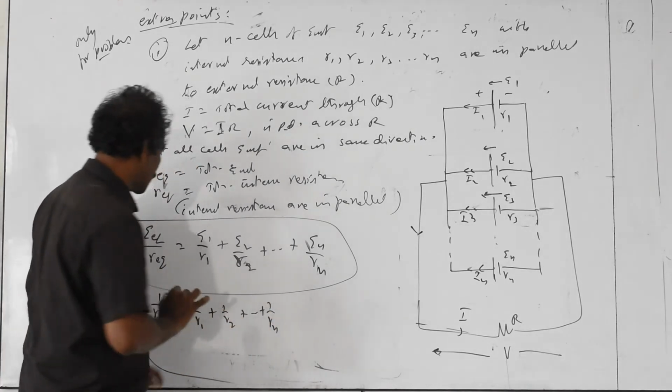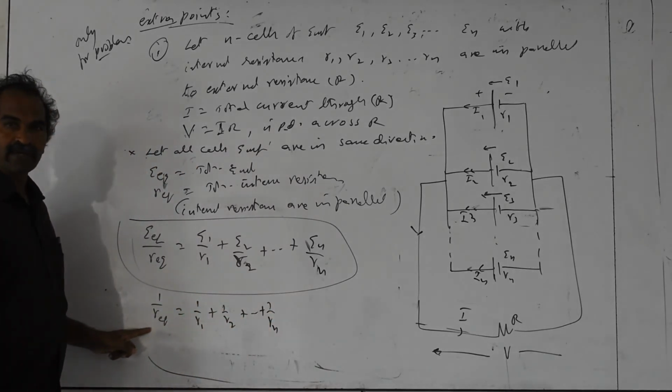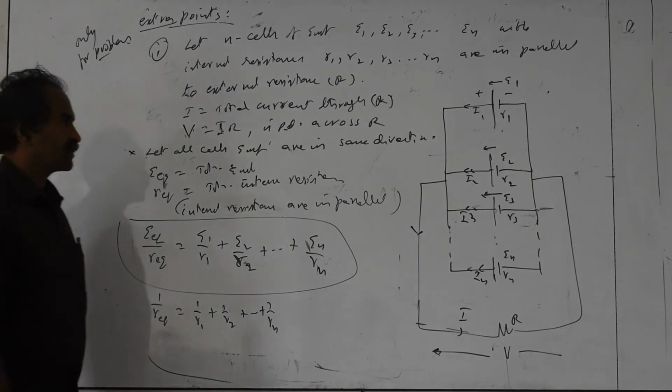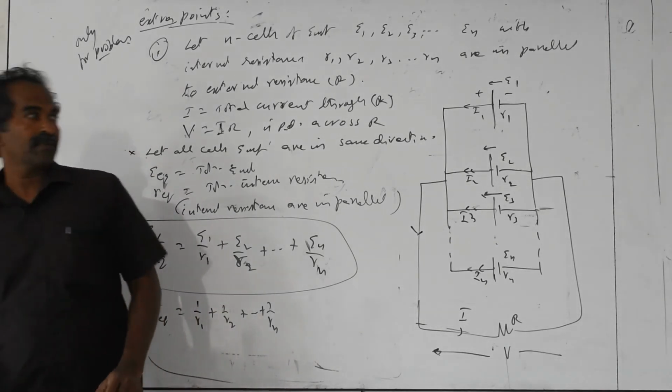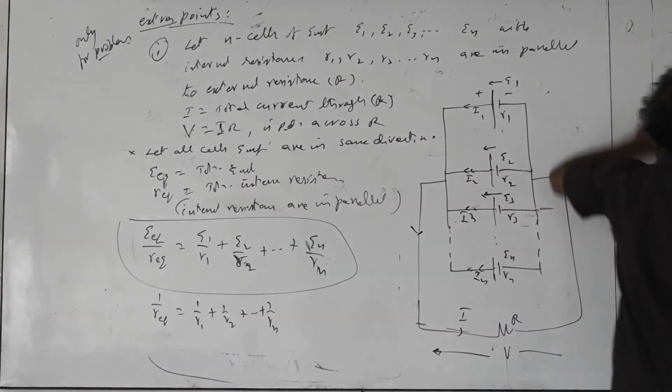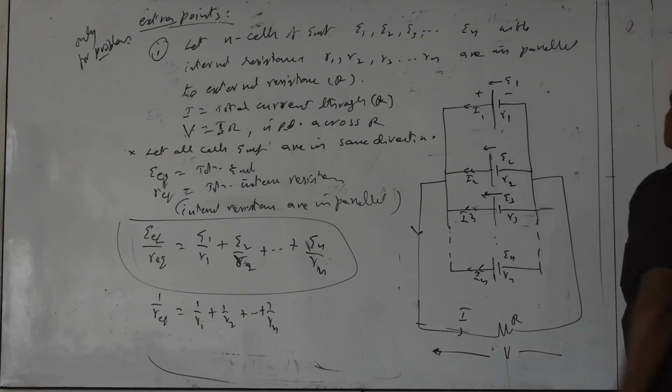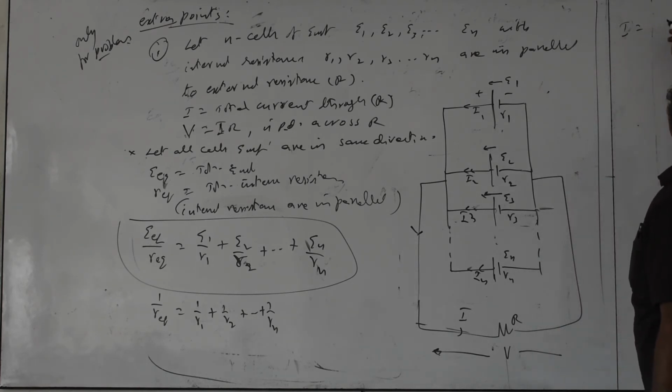In this, first you have to find out R equivalent, then you have to calculate E equivalent from this. Whatever the case, the correct relation: if you know E equivalent and R equivalent, the formula is I equals E equivalent by R equivalent.